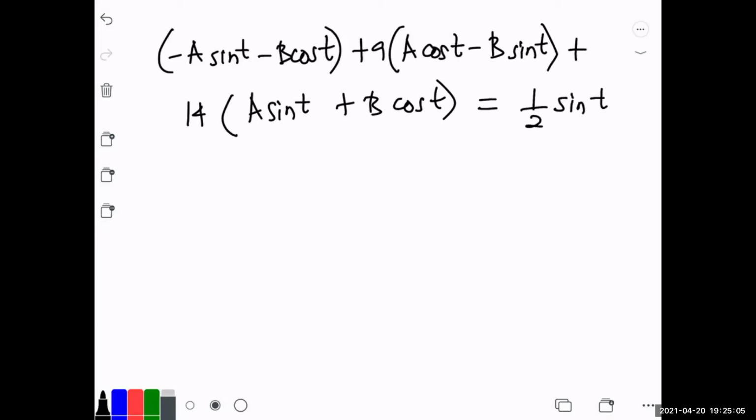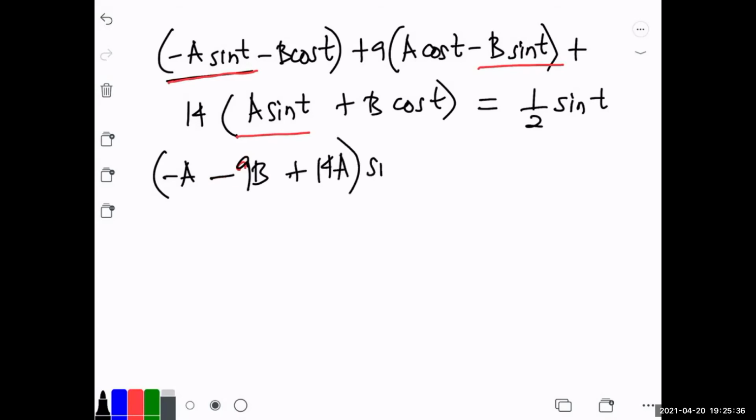Okay, so let's go back to the left hand side. Let's collect all the sine functions. So we have first negative a, and then what else? Negative 9b, so minus 9b. And then next is the 14, so this would be plus 14a, right? And then quantity sine of t.